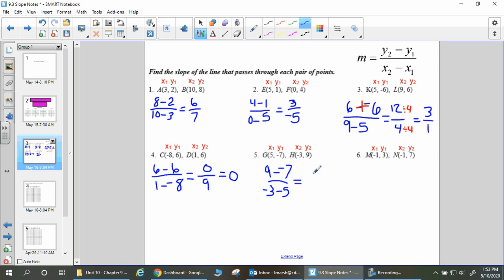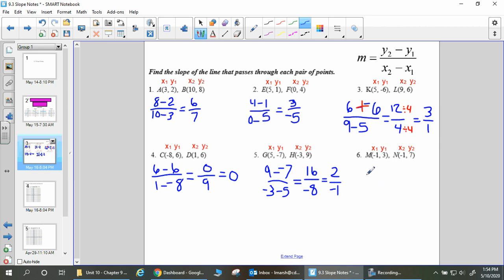9 minus negative 7 is actually going to give me 16 over negative 3 minus 5 is going to be negative 8. And both of these values can actually divide by 8. So I'm going to end up with a positive 2 over a negative 1.